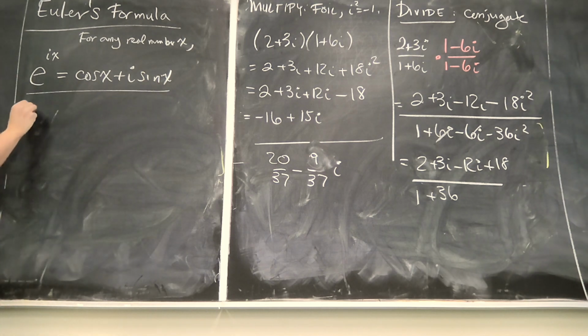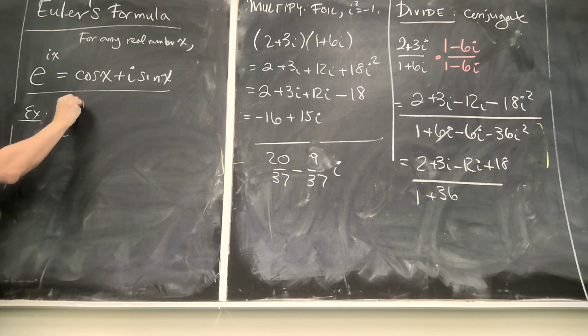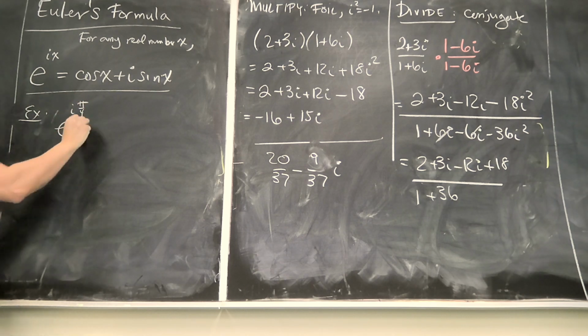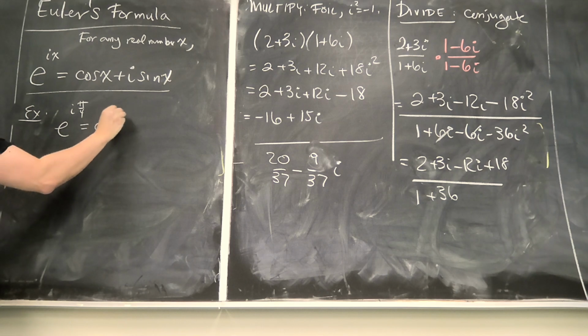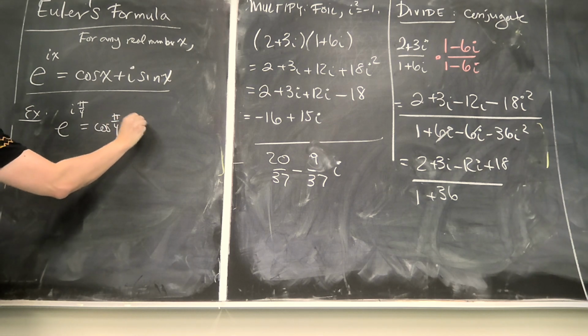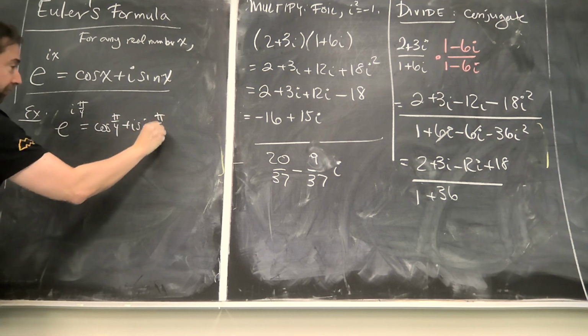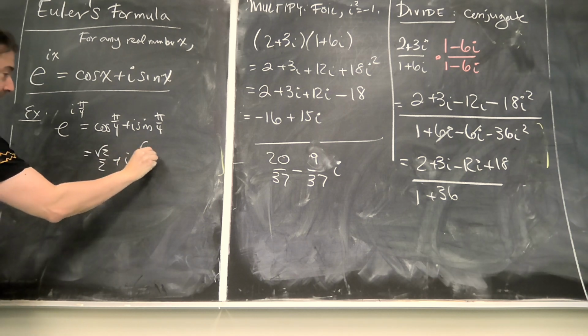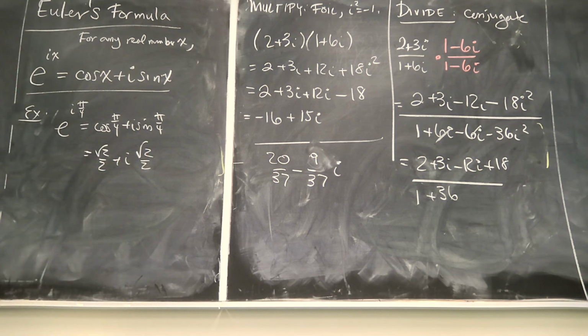So as a specific example here, if you wrote down e to the i pi over 4, and you wanted to calculate what number that was, that would be the cosine of pi over 4 plus i times the sine of pi over 4, which would be the square root of 2 over 2 plus i times the square root of 2 over 2. And you might ask, well, why would you want to do that?